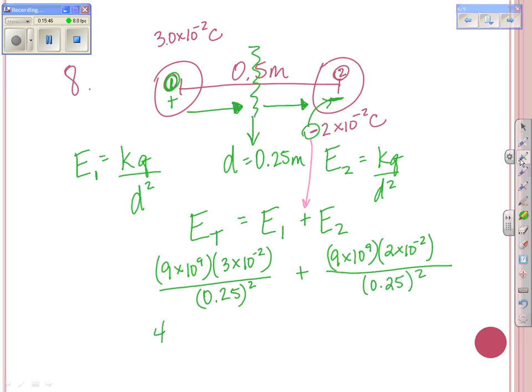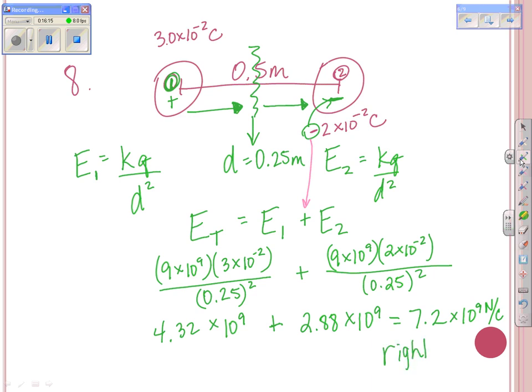So you should get 4.32 times 10 to the ninth roughly here, plus 2.88 times 10 to the ninth here. When you add them together, you get 7.2 times 10 to the ninth. This is newtons per coulomb. All right. Now it is moving to the right.